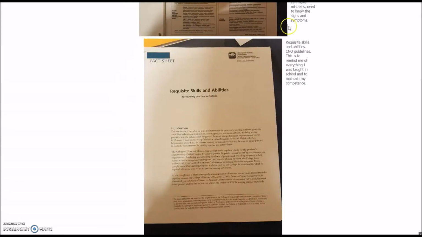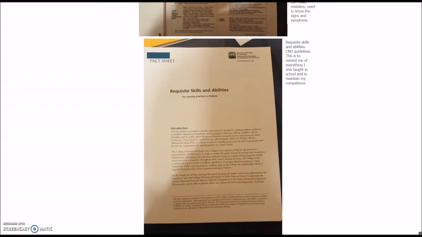Here's the fact sheet from the CNO, requisite skills and abilities. It talks about what we need to learn, what we need to know before we can take the registration exam. So all the information that needs to be developed in a nursing program. Sometimes when you get through a course, especially at this point where you're 2 weeks out from the last semester, you're about to go into praxis, and you're trying to think, oh my God, what did I learn?